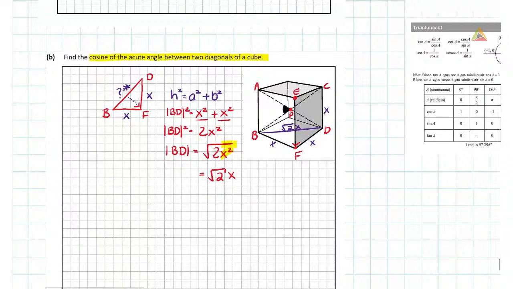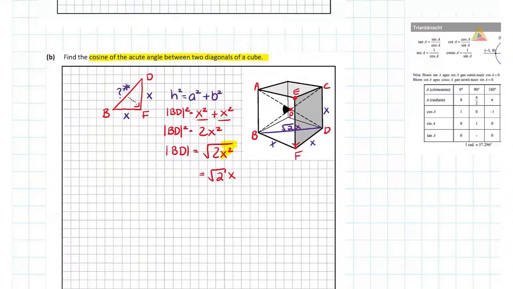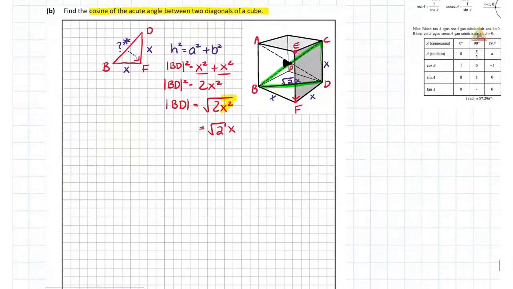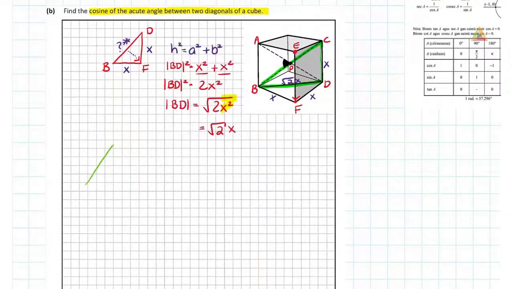Okay, I'm getting closer to that triangle that I want to get closer to. So I'm just going to mark over here on the diagram. The next triangle I'm going to look at is this one here. So the triangle BCD. And again, just to make life a little bit easier on myself, I'm going to draw out that triangle over here.